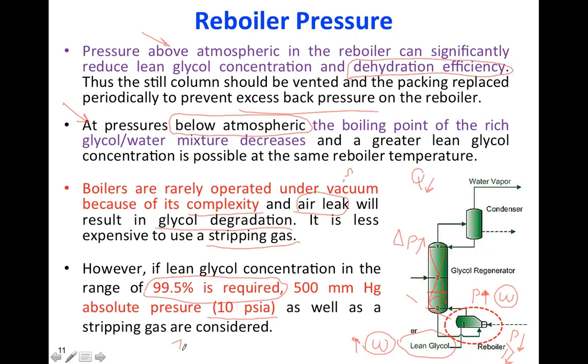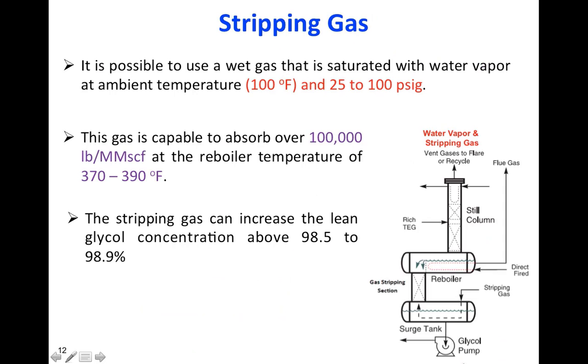We know that atmospheric pressure is 14.7 psi. So working at lower than 14.7 psi means vacuum, or below atmospheric pressure.